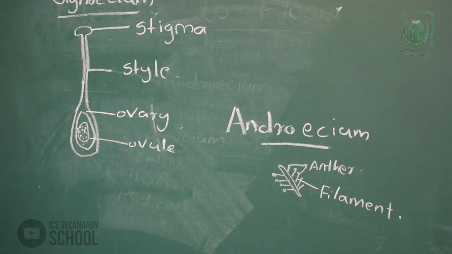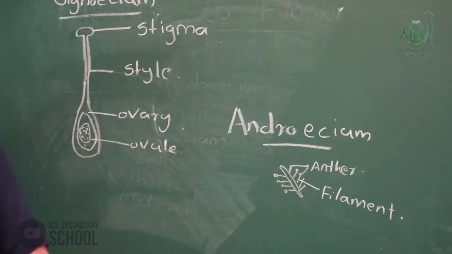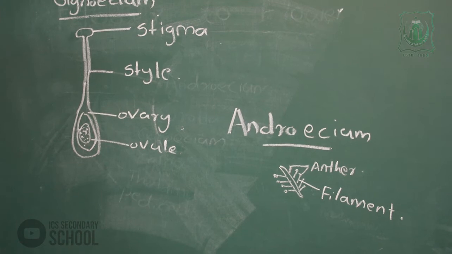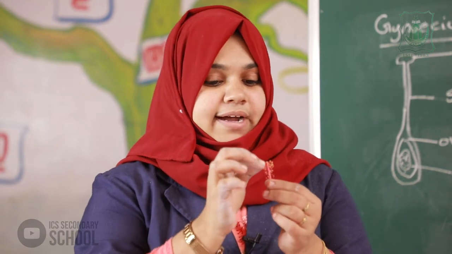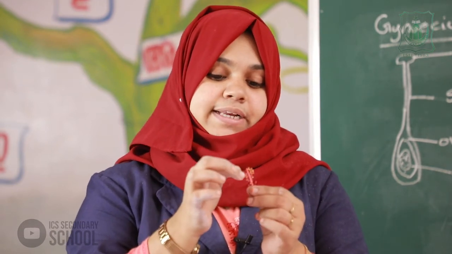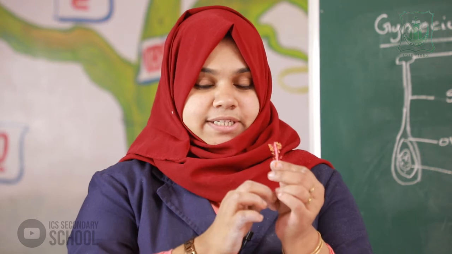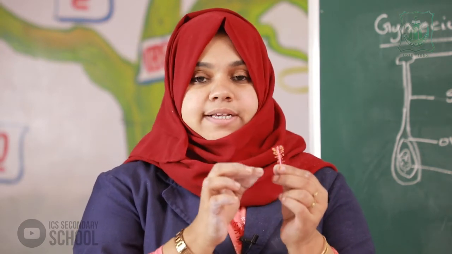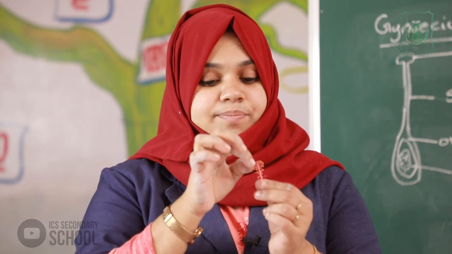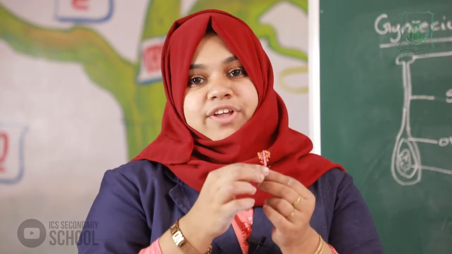This yellow particle is the anther, and this red one is its filament. This is androecium. This yellow particle is anther and this red particle is what? Filament. Okay.